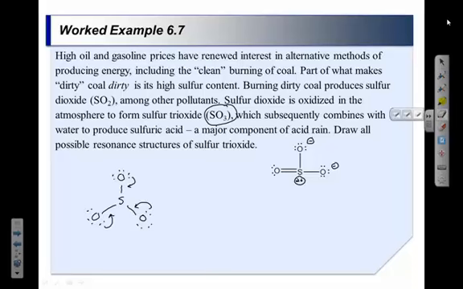So I've got the one that's shown. I've got this one here. And I've got the other possibility, which would be to make the double bond over here on the right-hand side. At this point, don't worry about the angles.